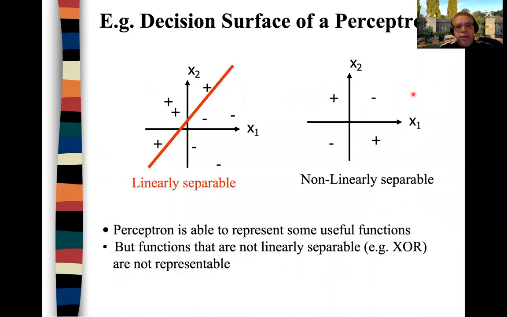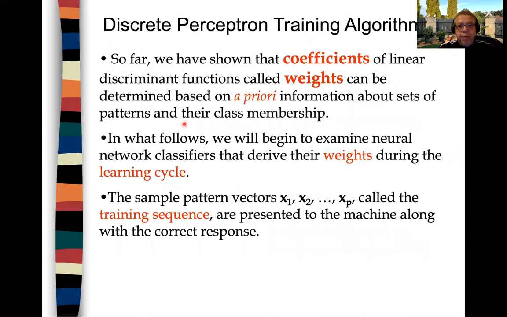So in this case, we showed that if we are in the feature space or the input space, with x1 and x2, and we need to divide these patterns, the plus patterns and the minus patterns, using a linear discriminant function, the slope and the intercept of this linear discriminant function are called the weights, and we can find them a priori.